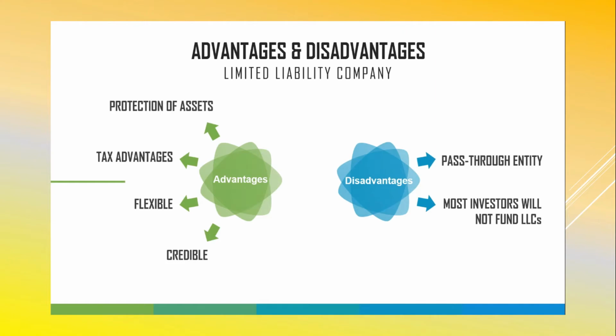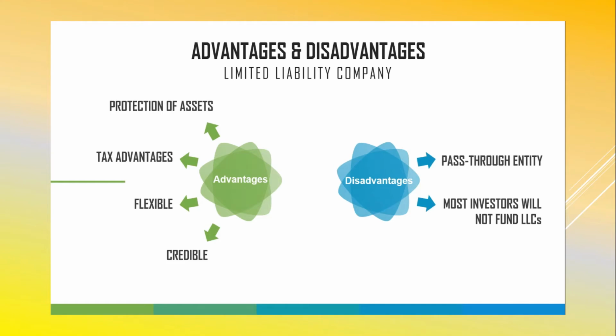Advantages and disadvantages of a limited liability company. What makes an LLC advantageous is that the business owner's personal assets are protected and they are not held liable for the LLC's debts. They also have tax advantages, which is called pass-through taxation, in which the profit the LLC has made is only taxed once, and their shares of profits are reported individually.